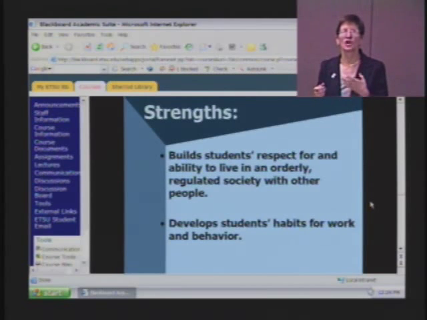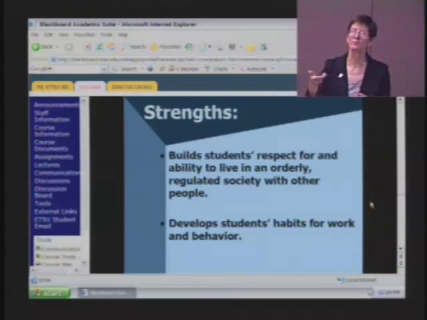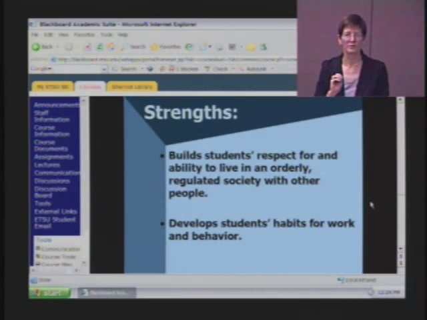Again, children need to learn how to work. Children also need to learn how to behave properly. A human being who never masters basic behavioral skills, basic social interaction skills, is going to have trouble, and often severe trouble, throughout his or her life.